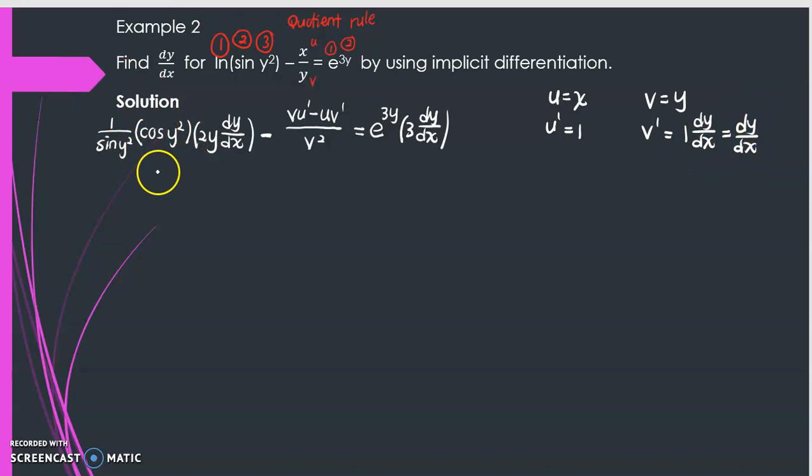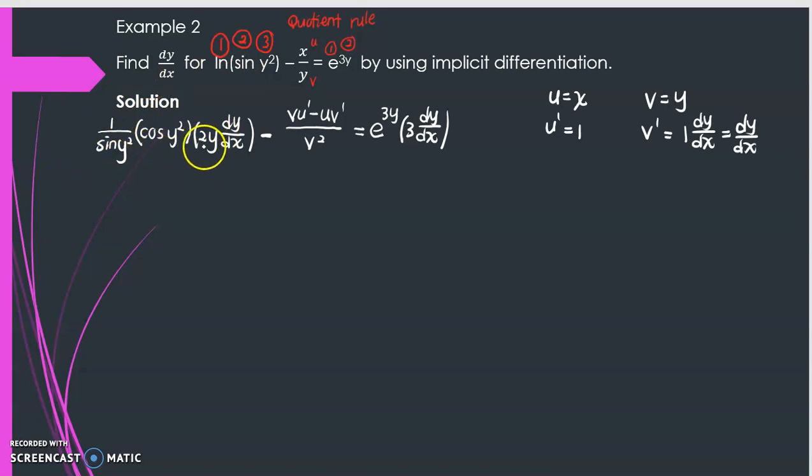So now, here I try to solve cos y² over sin y² times, so here is sine, so here is y², so here is y².